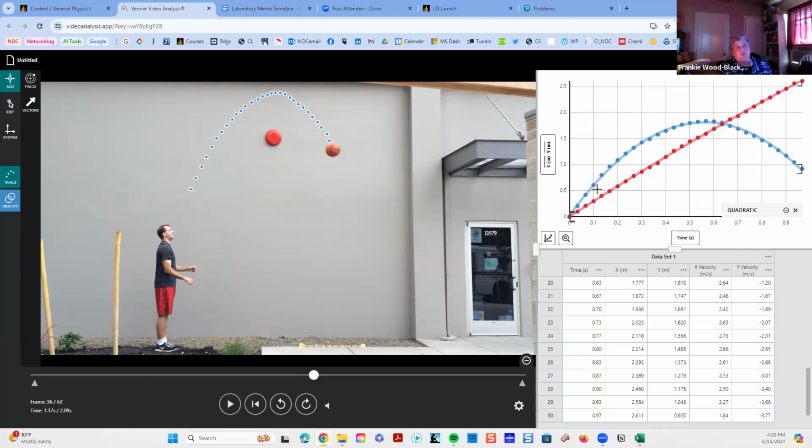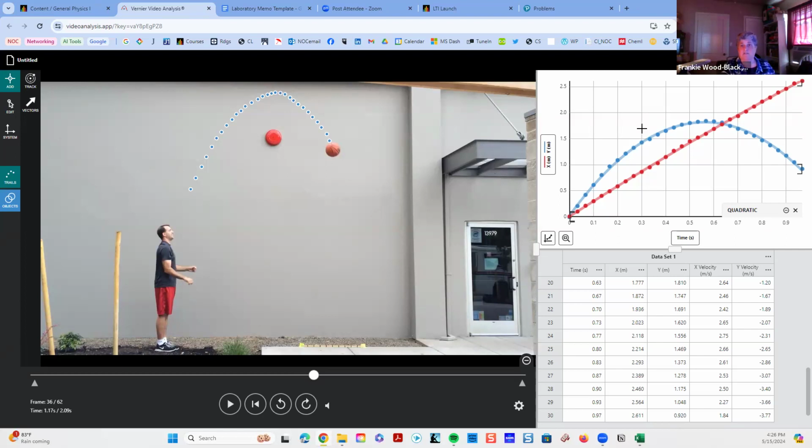You can see that this is real data because it's not a perfect parabola. I made errors, and that was human error. So there's some error in this data. This is a legitimate way to collect physical data and to measure things in the real world. So that's the video analysis tool portion of the lab.